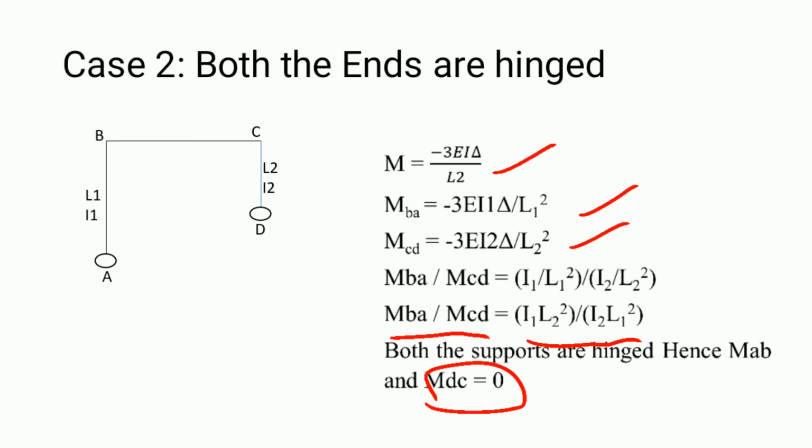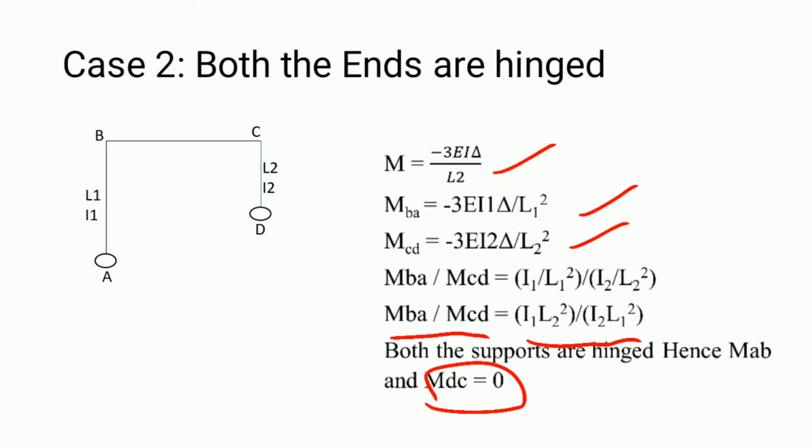With the support as origin, the moment will be equal to 0. Only the moment due to the additional sway condition will occur, MBA and MCD in this case.